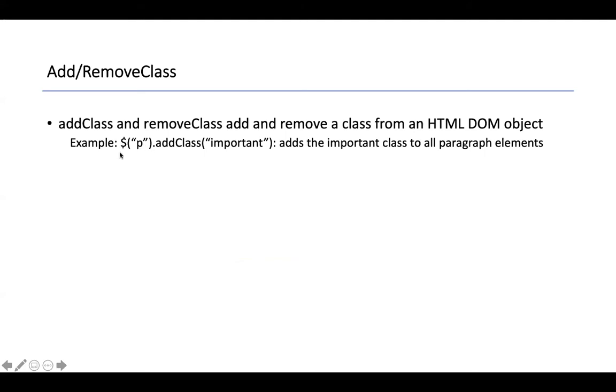So you'll notice here, $P is returning a list of all paragraph elements. And then this addClass is being called on each of the paragraph elements. So even if it's an array, addClass is iterating over each element in this array, and it's being called on each element. So it's being added to all paragraph elements.